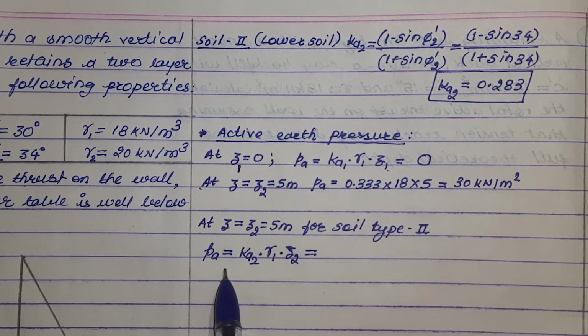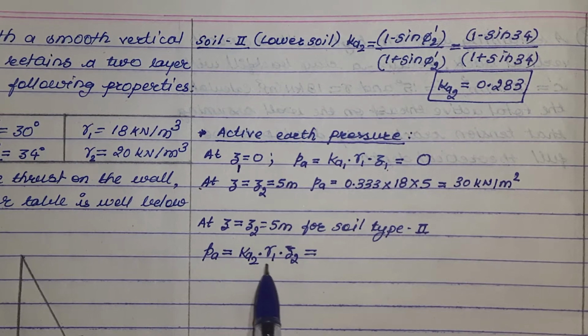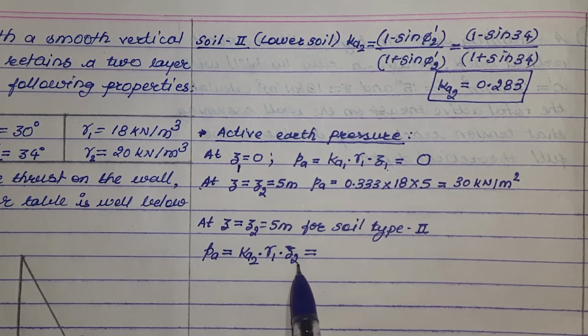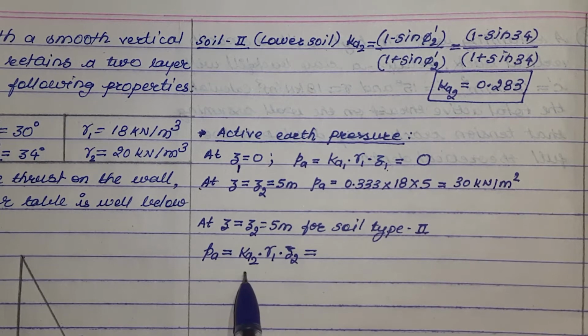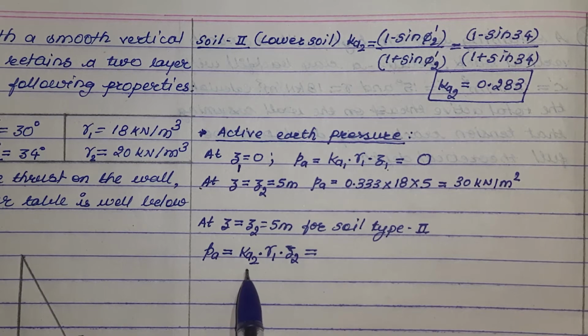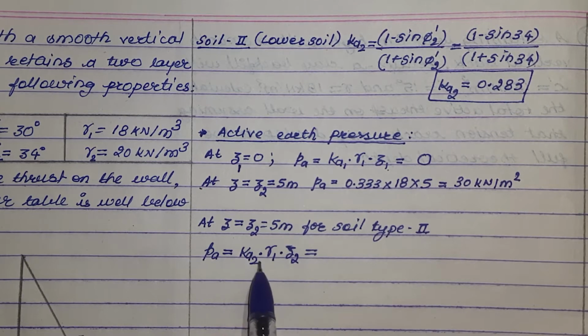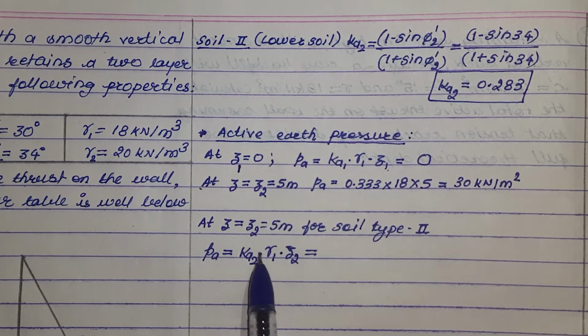So PA equals Ka2 multiplied by the unit weight of the soil, but this is for type 1, and this is Z2, which is 5 meter. Ka2 means the coefficient of earth pressure for soil type 2. Okay, so we have considered the unit weight of soil type 1, but we want to see the effect of the second type of soil on the pressure, hence we have considered this coefficient as Ka2.